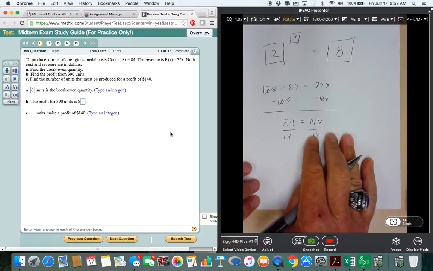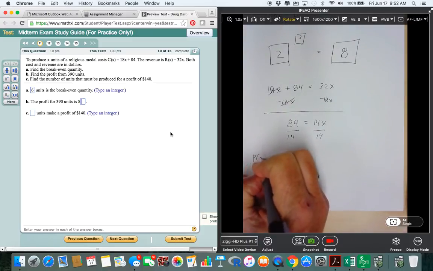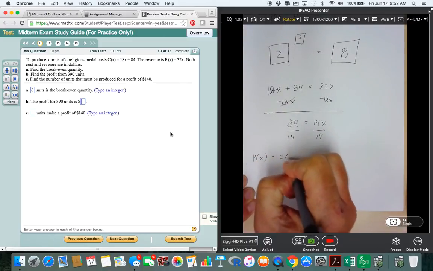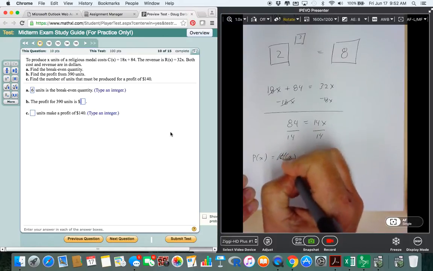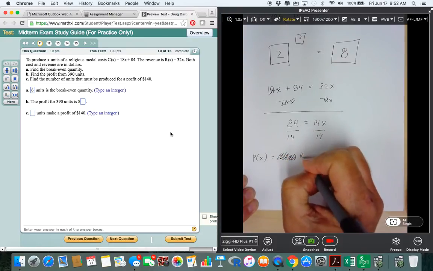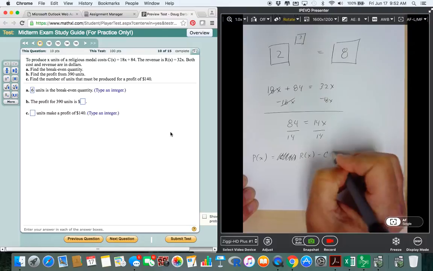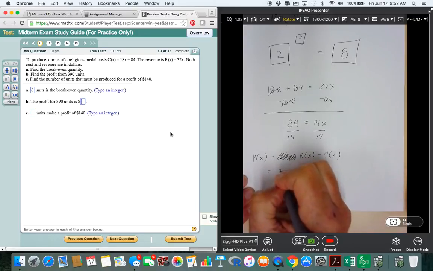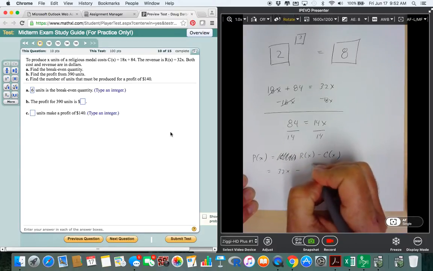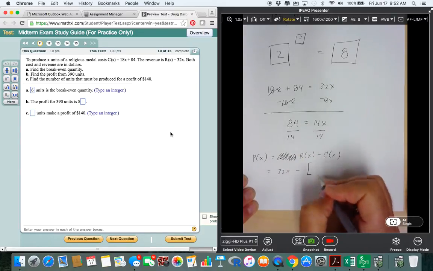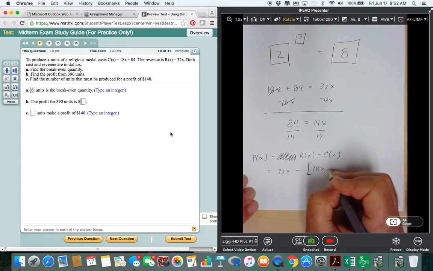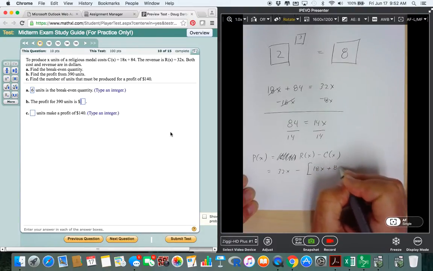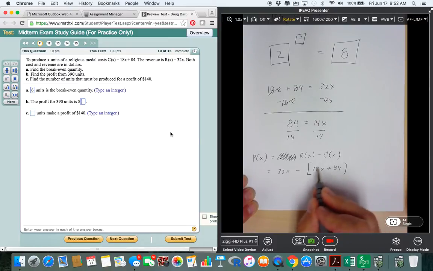Now guys, remember, profit is my revenue function minus my cost function. So my revenue is 32x. My cost function is the entire quantity, this entire expression.